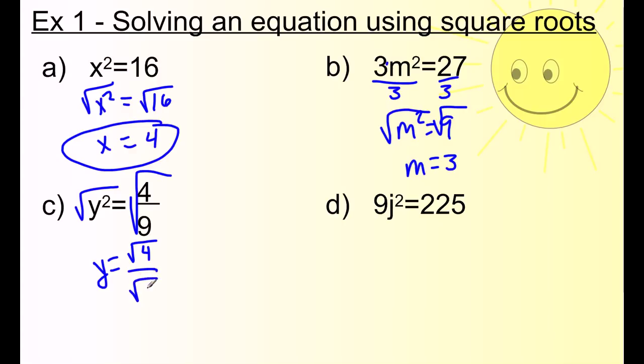We think about the square root of the top and the square root of the bottom. And I can do that. The square root of the top is 2. The square root of the bottom is 3. So y equals 2/3. I square rooted the top and the bottom separately, just as part of the fraction.